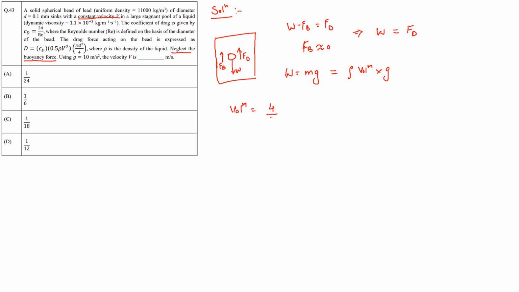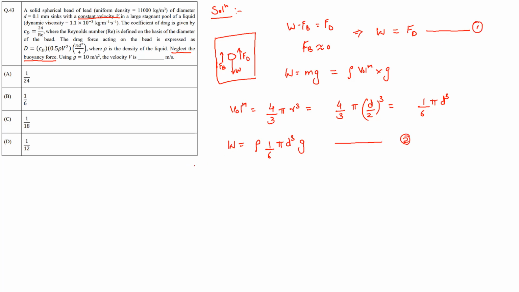The volume will be given by 4 by 3 pi r cube, or 4 by 3 pi times d by 2 cube, which is nothing but 1 by 6 pi d cube. Thus the weight of the lead bead becomes rho times 1 by 6 pi d cube times g. Let's name this equation 1, this as 2.